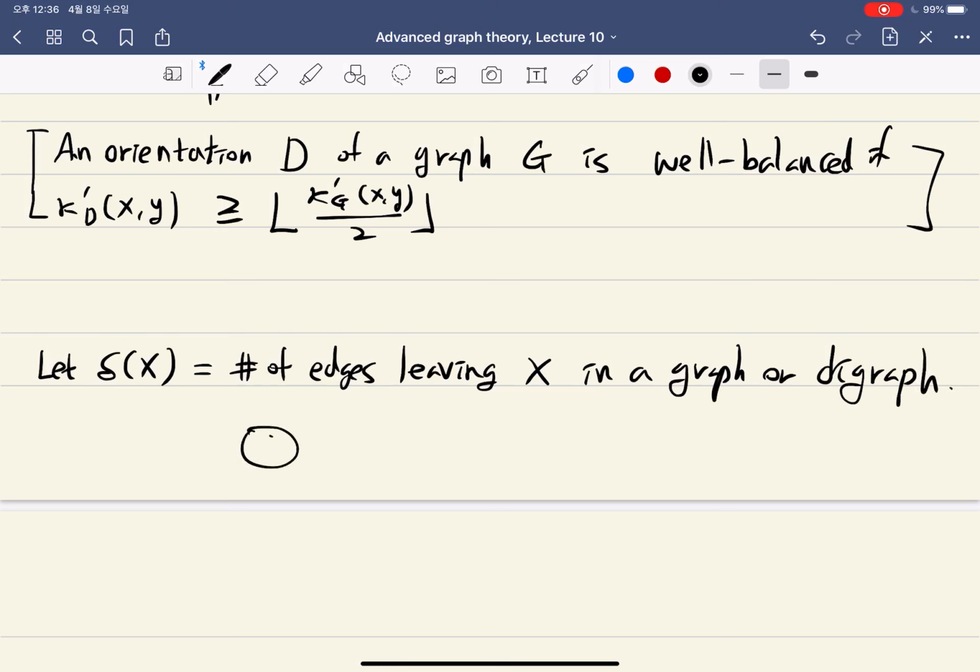For the graph case, we just count the number of edges whose one end is in X and the other end is outside of X. So we don't count these edges or these edges. For a digraph, we only count the ones that are leaving. So these blue ones are not counted, while the black edges are counted.